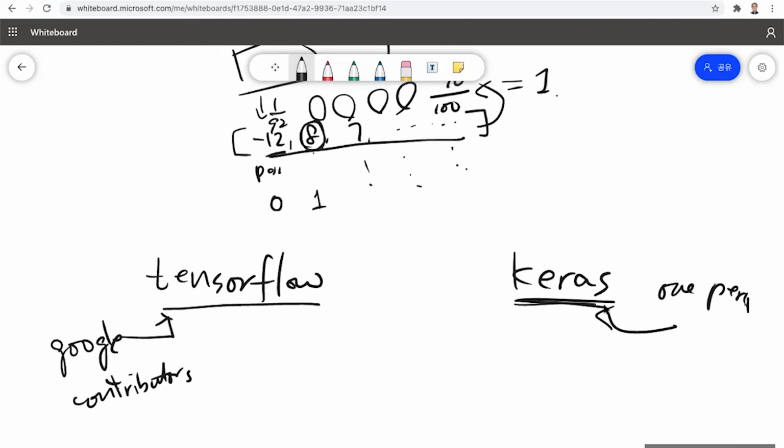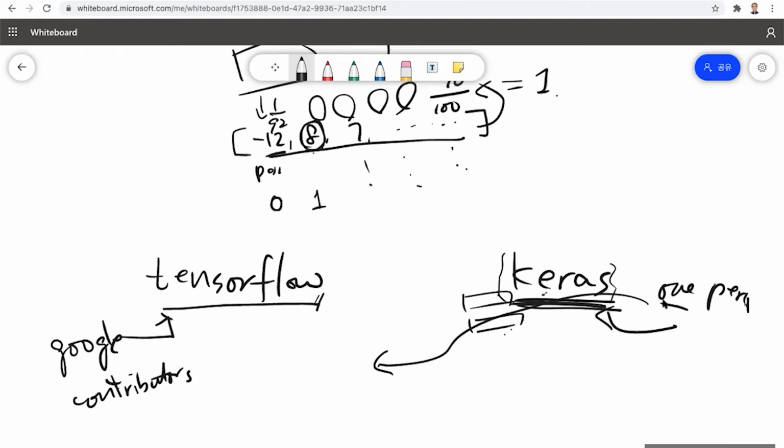But Keras was so popular and well formulated. At the first stage, he made a very nice plan for how to make all these things work nicely, so it became very popular. So TensorFlow decided to hire him.